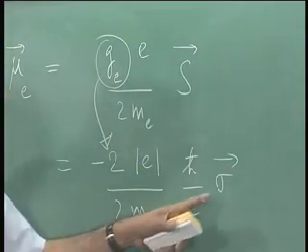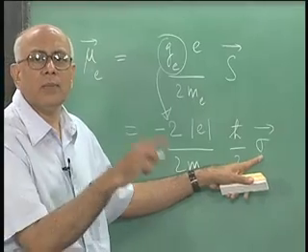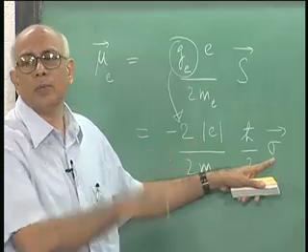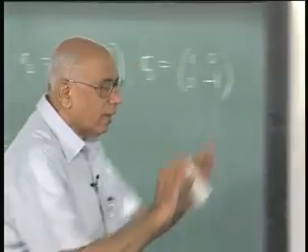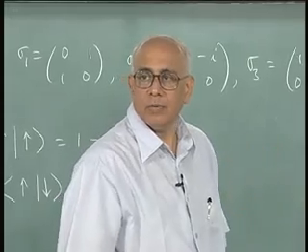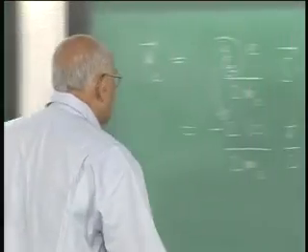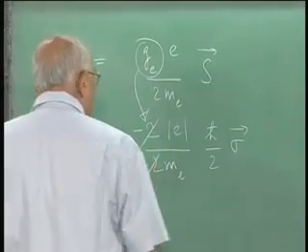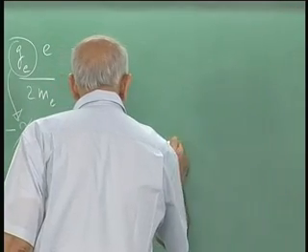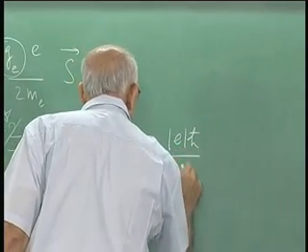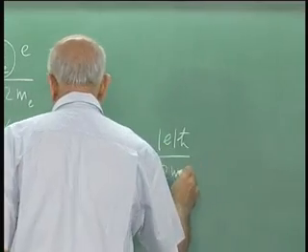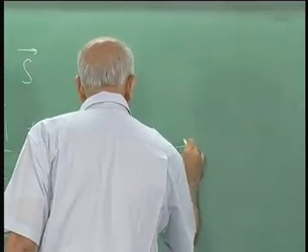The reason it is convenient to do this is because this sigma is dimensionless and has eigenvalues plus or minus 1 for every component. So that is a factor that goes out, and then no other numerical factors. And one of the 2's cancels, and you end up with this is equal to minus mod e h cross over twice m e, sigma.